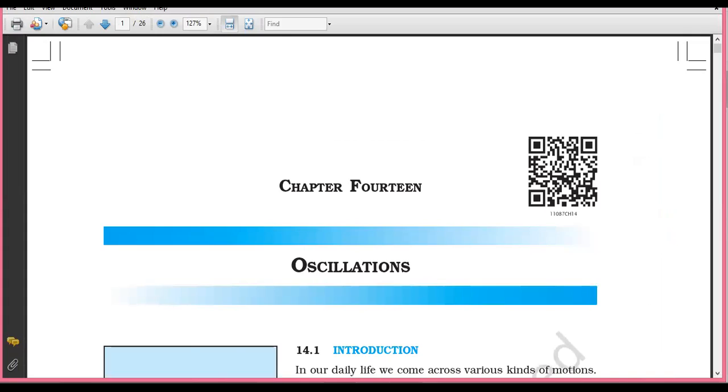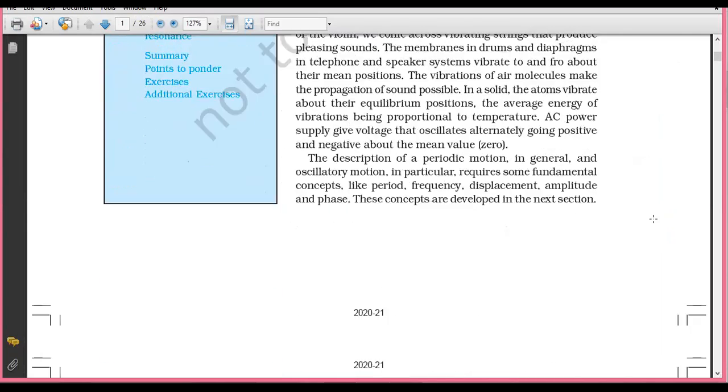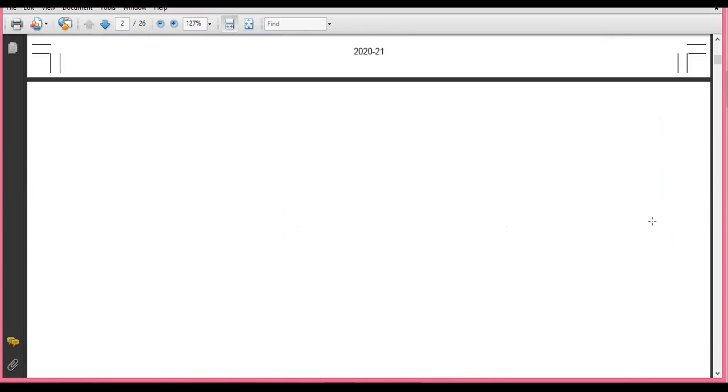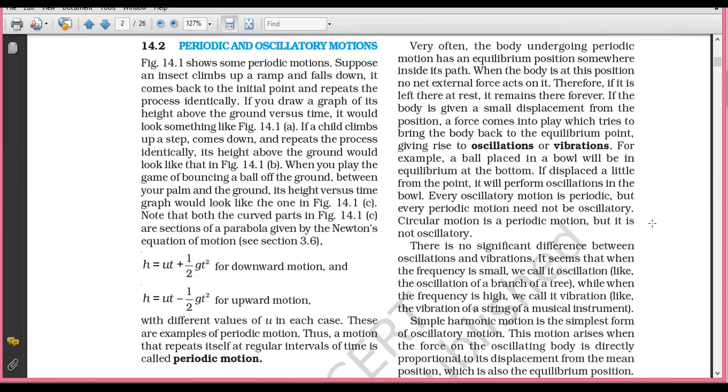Carefully listen. Let's see what are the things which you have completed. So introduction, you can read through it. Periodic and oscillatory motions.